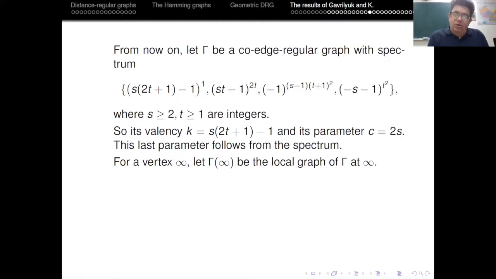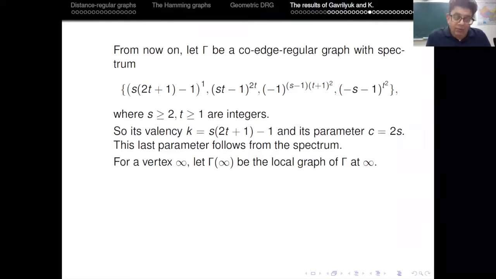And if you know the local edges in the local graph, you know how many edges there are between the local graph and the second subconstituent. Then you can count this in two different ways by double counting. Then you get that c is 2s because it's constant.